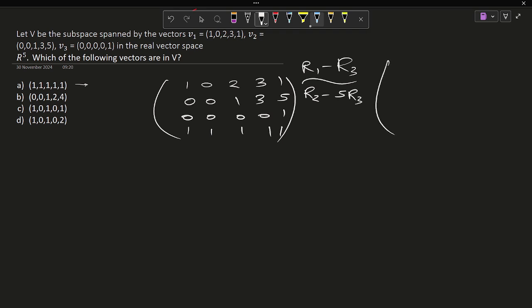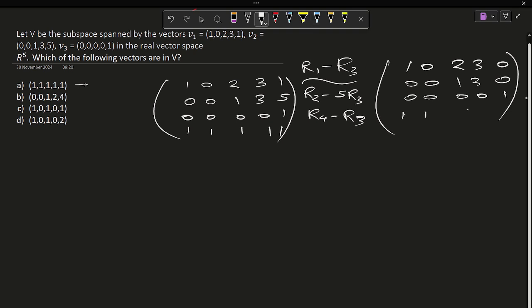Then it will remain 1, 0, 2, 3, 0, and the second row will be 0, 0, 1, 3, 0, and 0, 0, 0. Another thing we can do is R4 minus R3.